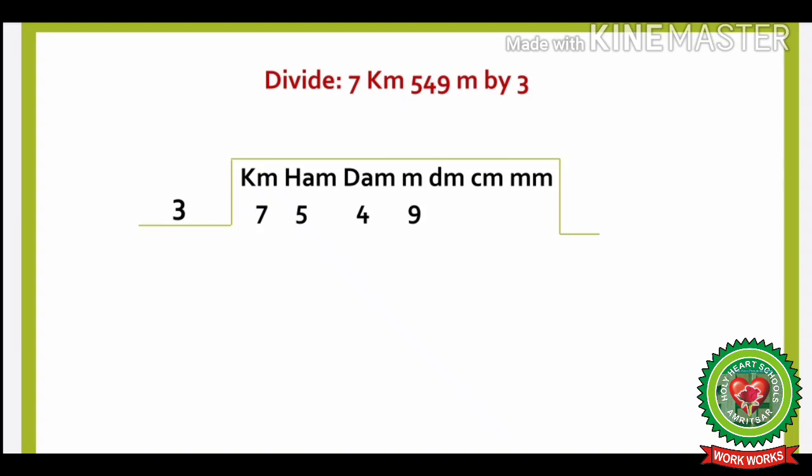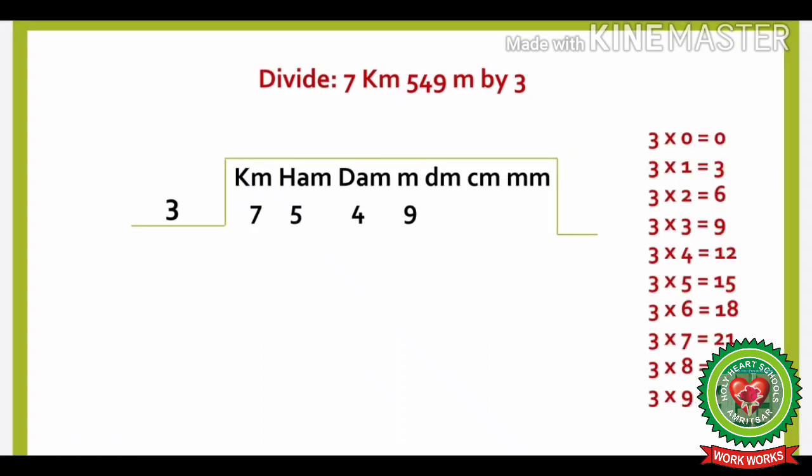Now we have to divide the number by 3. For that, we must know the table of 3 and we will write the table of 3 at the right hand side. Now we will divide the number. We will take the first digit from the left hand side, that is 7.